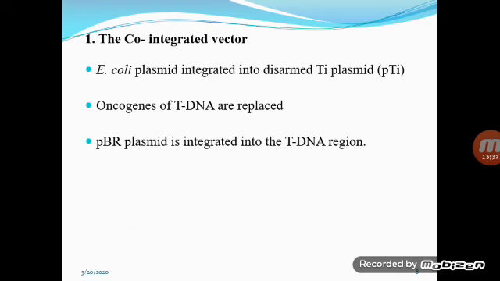Because of homology, through recombination, the pBR plasmid is integrated into the T-DNA region. The gene to be cloned is therefore inserted into a unique restriction site on the small pBR plasmid, introduced into an Agrobacterium tumefaciens cell carrying a Ti plasmid, and the natural recombination process is left to integrate the new gene into the T-DNA.